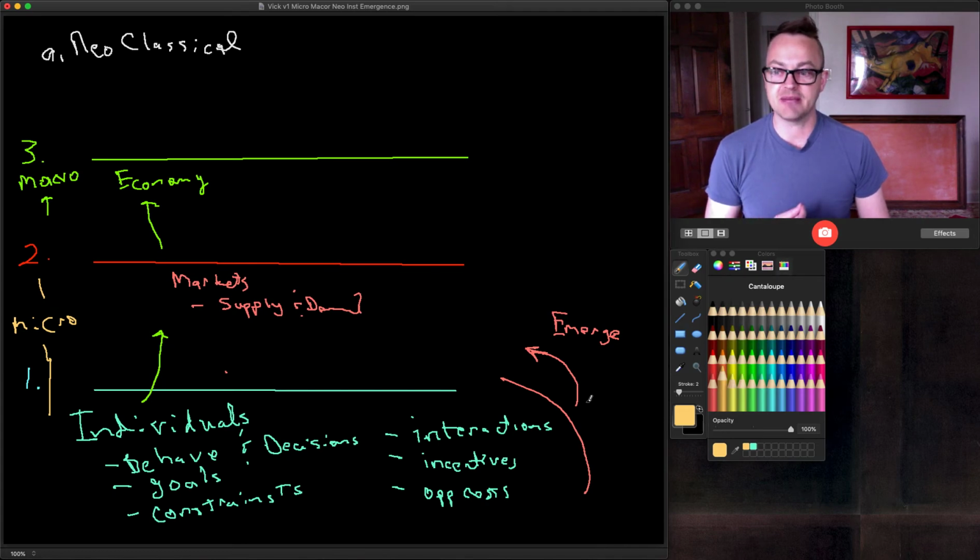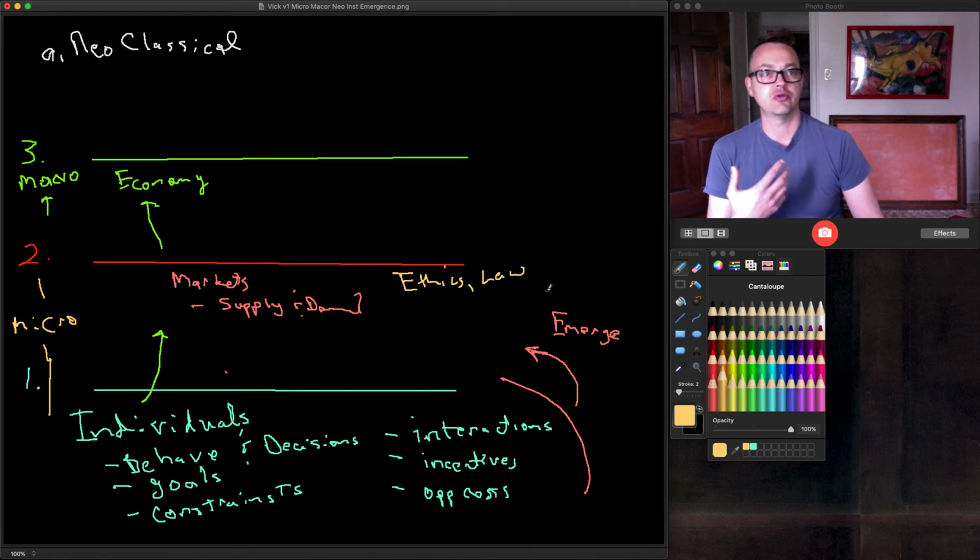So, for example, our individual behaviors with one another inform things like ethics. Ethics emerges in different ways from individual behavior. Also, law. We come up with ways to govern the way we act. Enforcement.